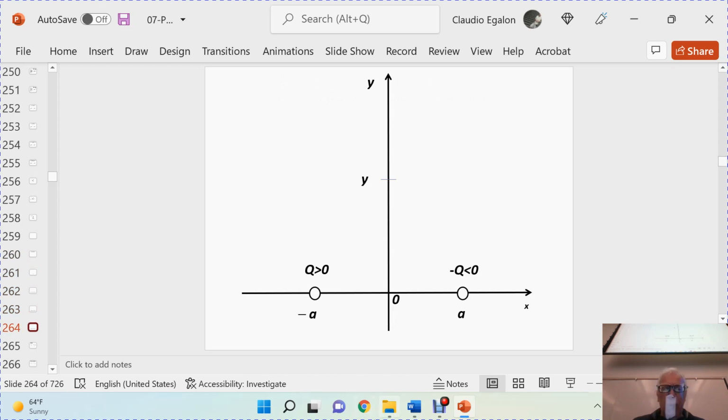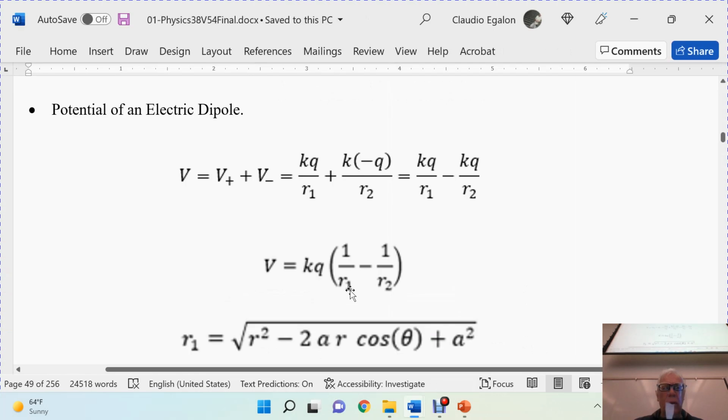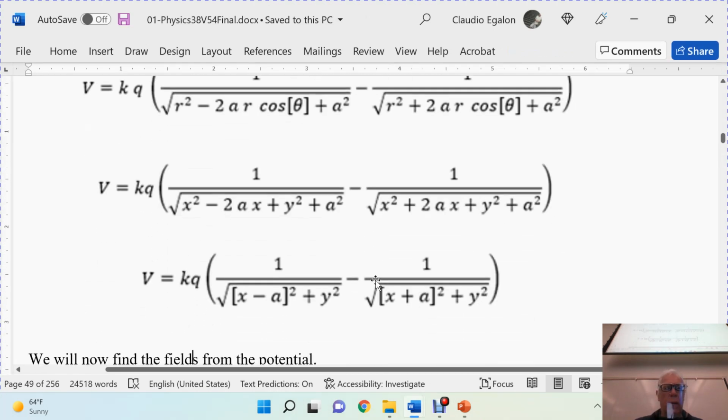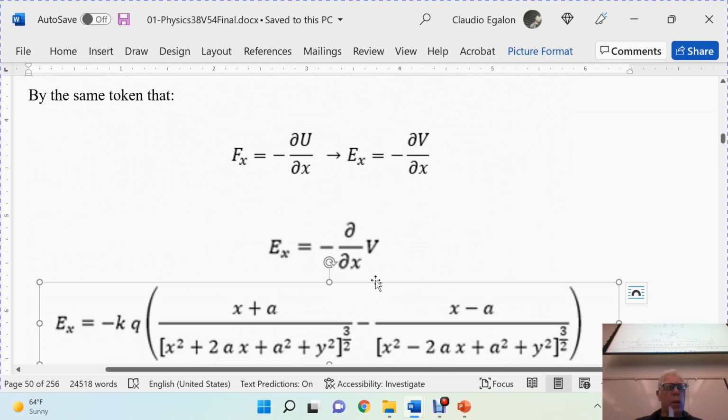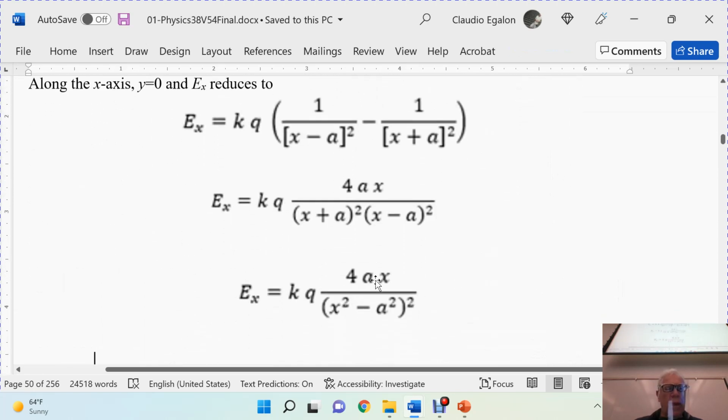Okay, so let's take a look at this example that we have in the notes. This one would be too much complication.